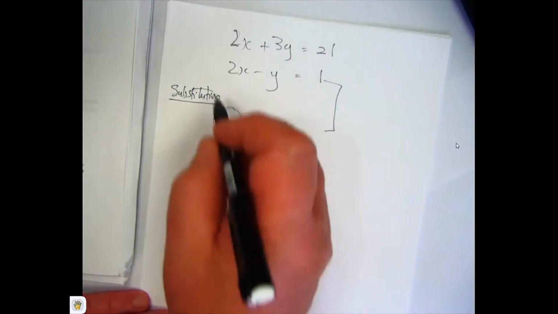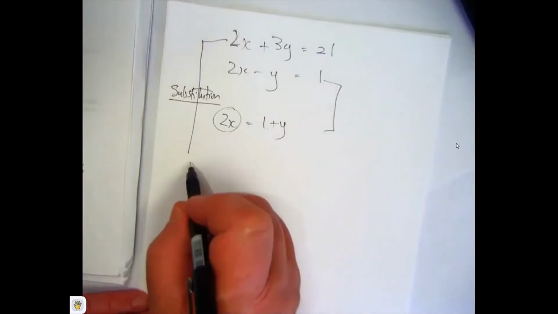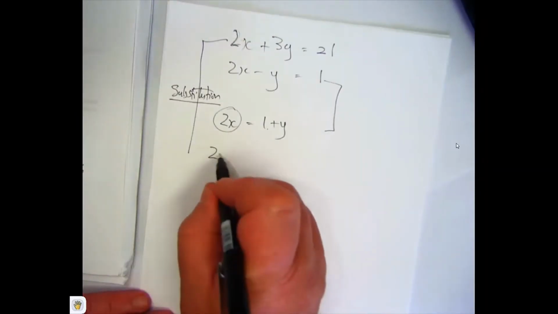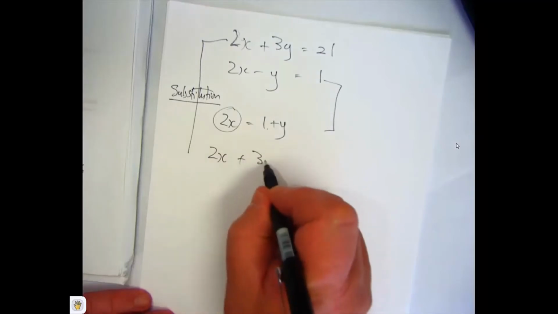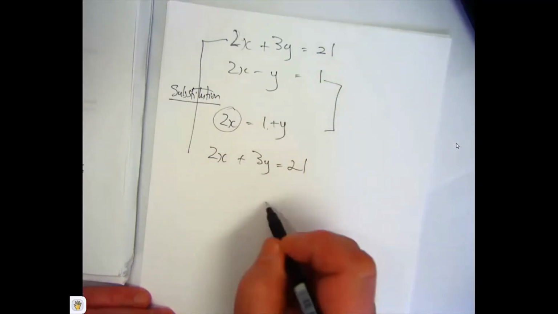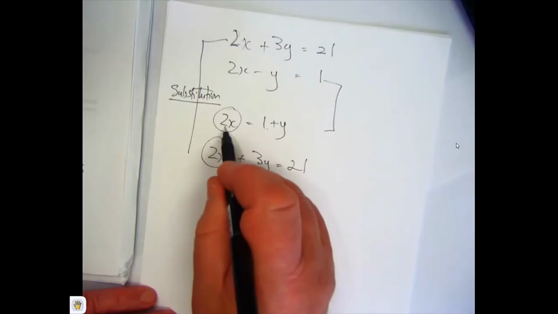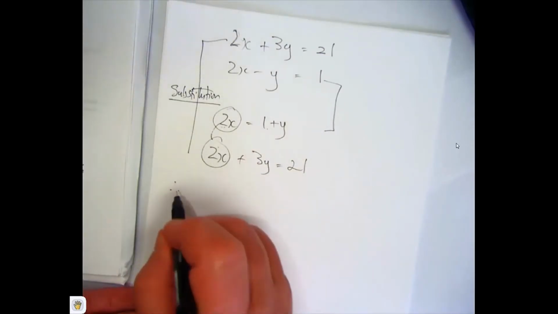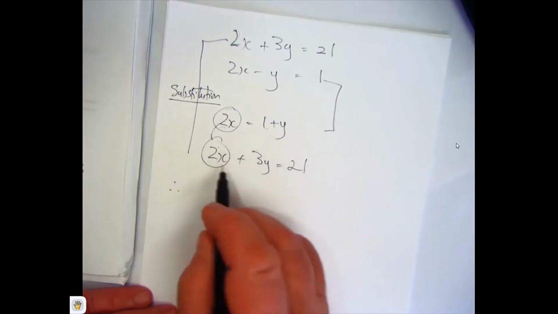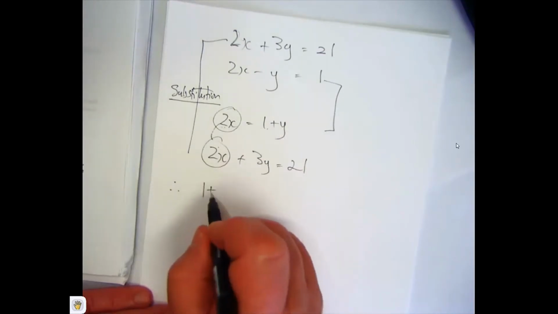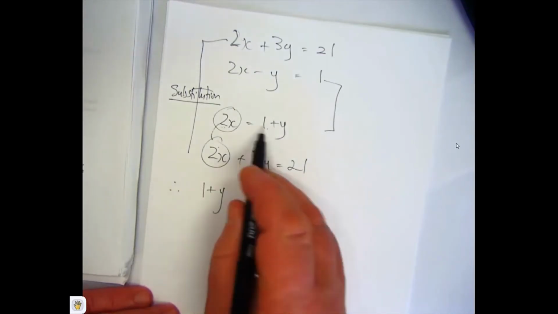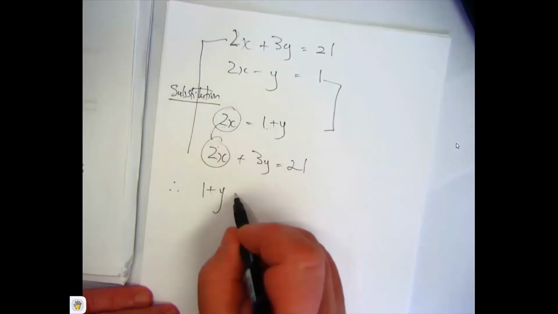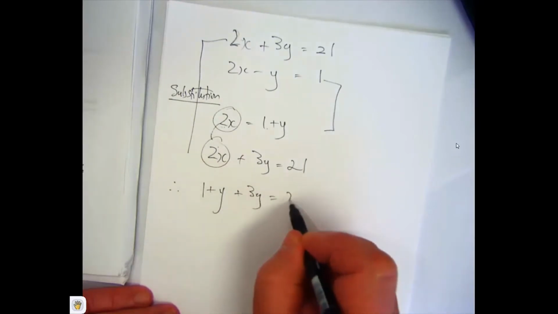I look now at the first equation, 2x plus 3y equals 21. But this 2x and this 2x are the same. So instead of writing in the 2x, I put this in: 1 plus y, which equals that 2x, plus another 3y equals 21.